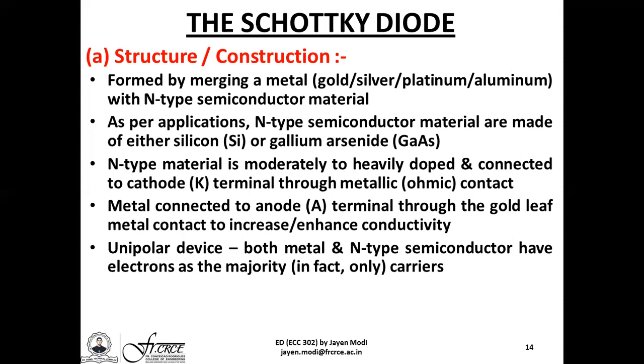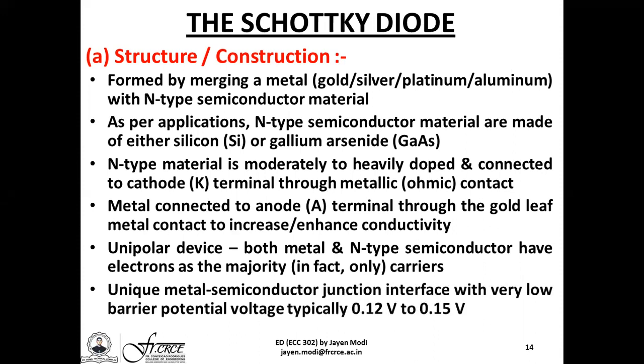The n-type semiconductor material, due to its very heavy doping, has a maximum concentration of electrons as well. So the overall number of these majority carriers, that is electrons, far exceeds the number of holes. Hence, it is proper to call the Schottky diode a unipolar device.